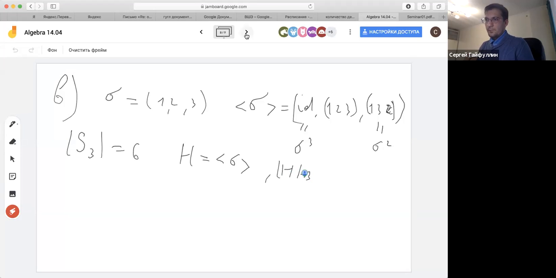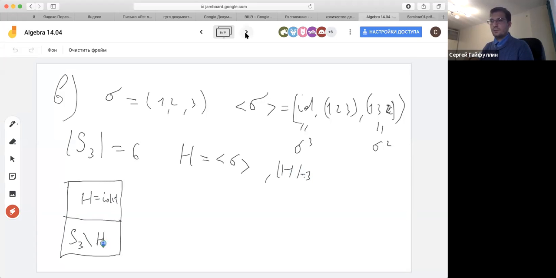So what is the picture? We have 2 left cassettes. The first left cassette is just identity multiplied by H, the H itself. And the second is all the others.